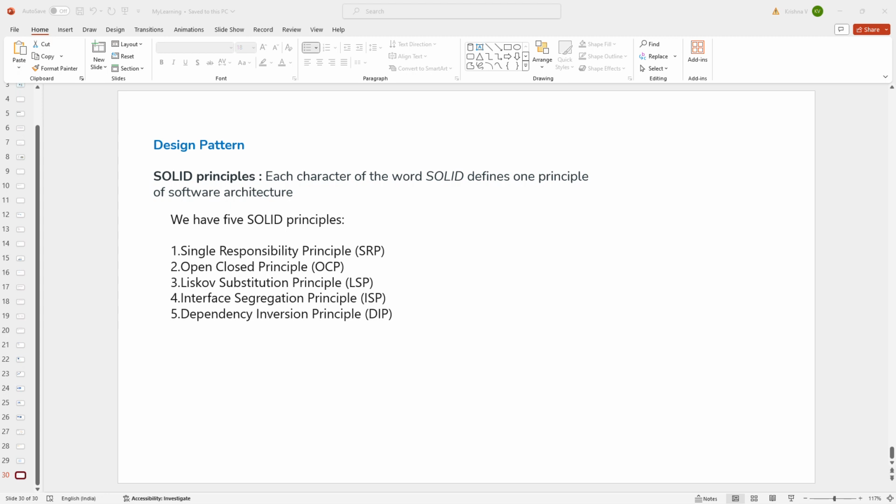The Liskov substitution principle: independent services should be able to communicate and substitute each other. This is also one of the most important principles. The Liskov principle states that interfaces should be substitutable and that subclasses should be replaceable for their main classes. The other one is interface segregation.